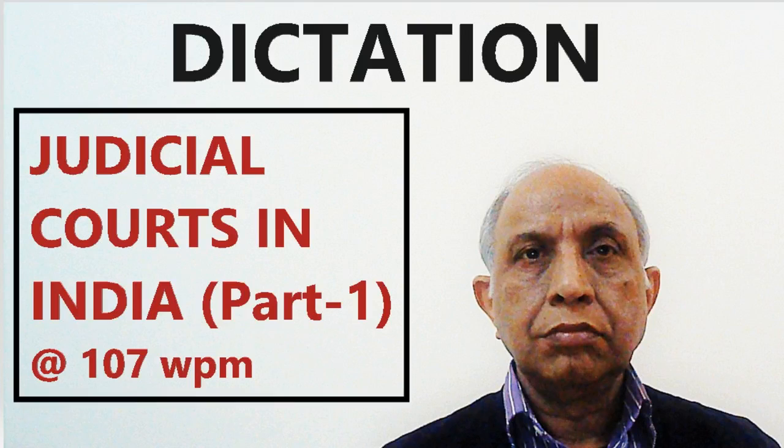Subordinate courts on the criminal side in ascending order are Second Class Judicial Magistrate Court, First Class Judicial Magistrate Court, Chief Judicial Magistrate Court. There are 24 high courts at the state level.